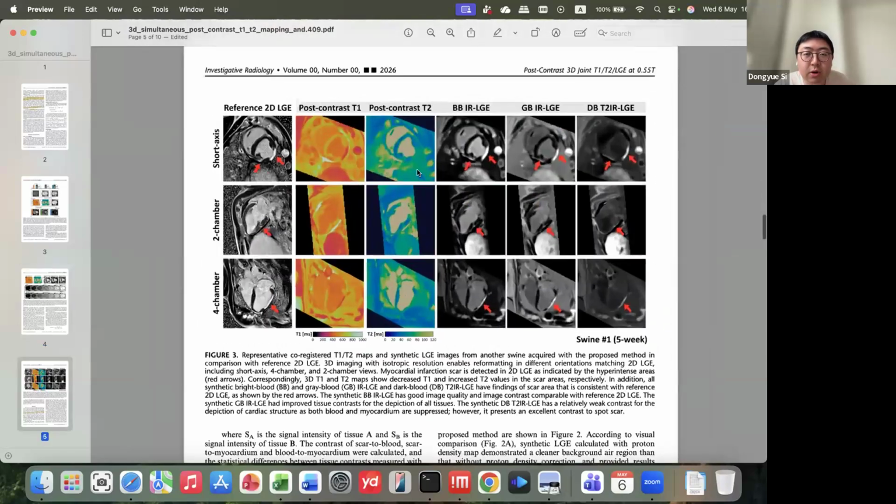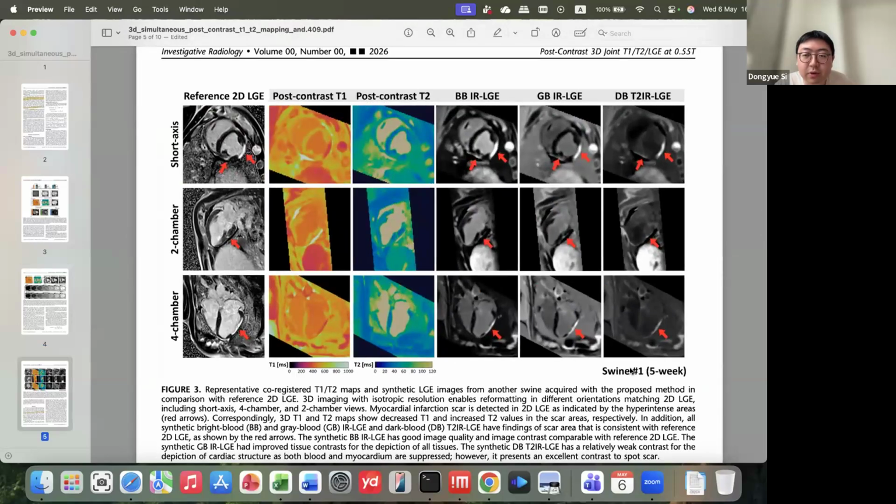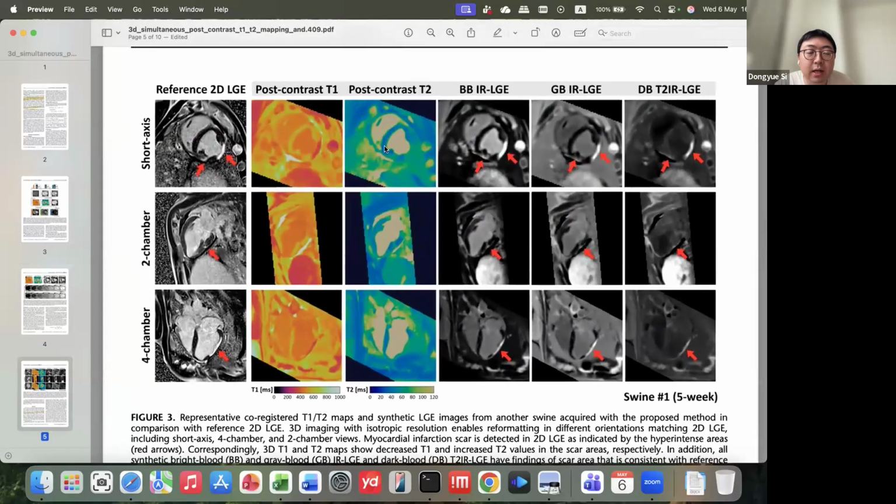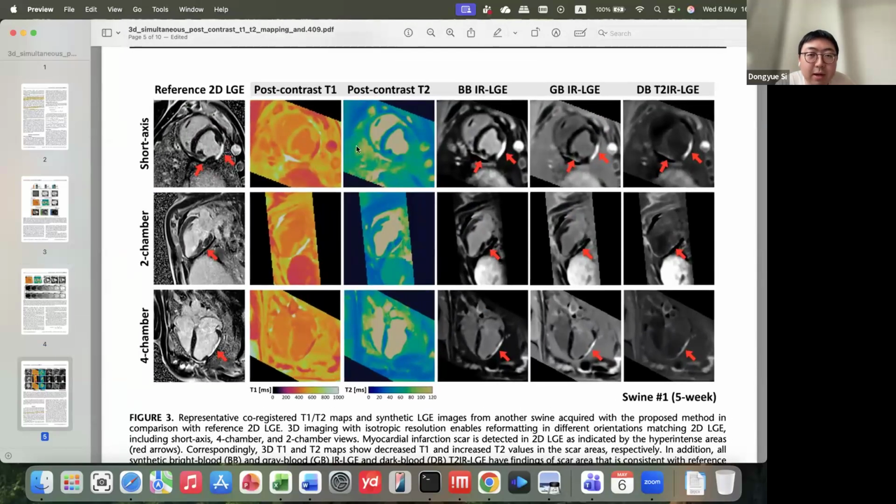This is also a representative result from a swine acquired at 5 weeks post-myocardial infarction. We have the post-contrast T1 maps and the T2 maps. The synthetic bright blood IR-LGE has a comparable image contrast with the 2D LGE.